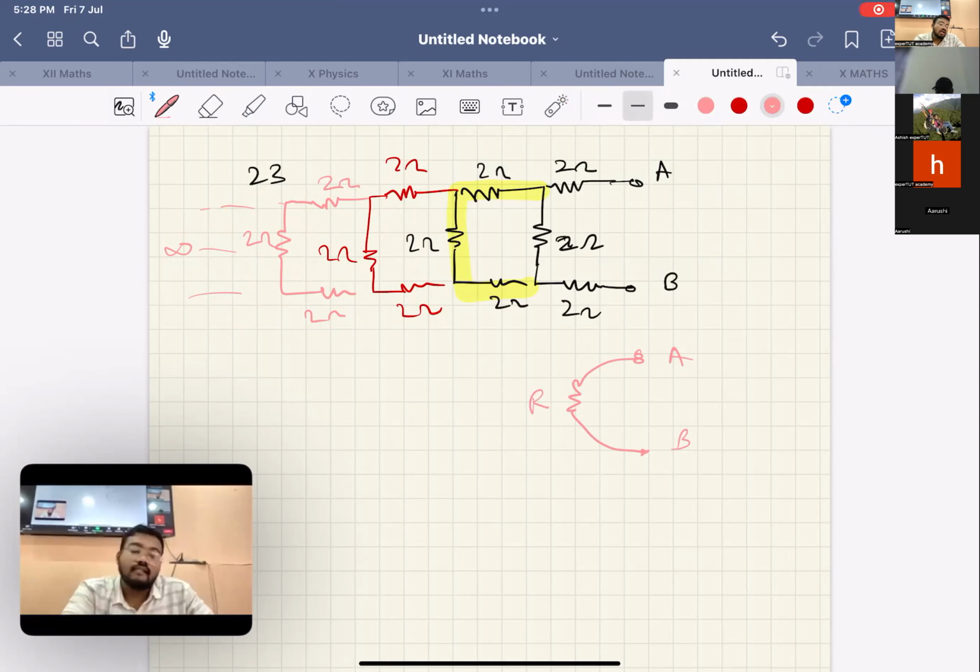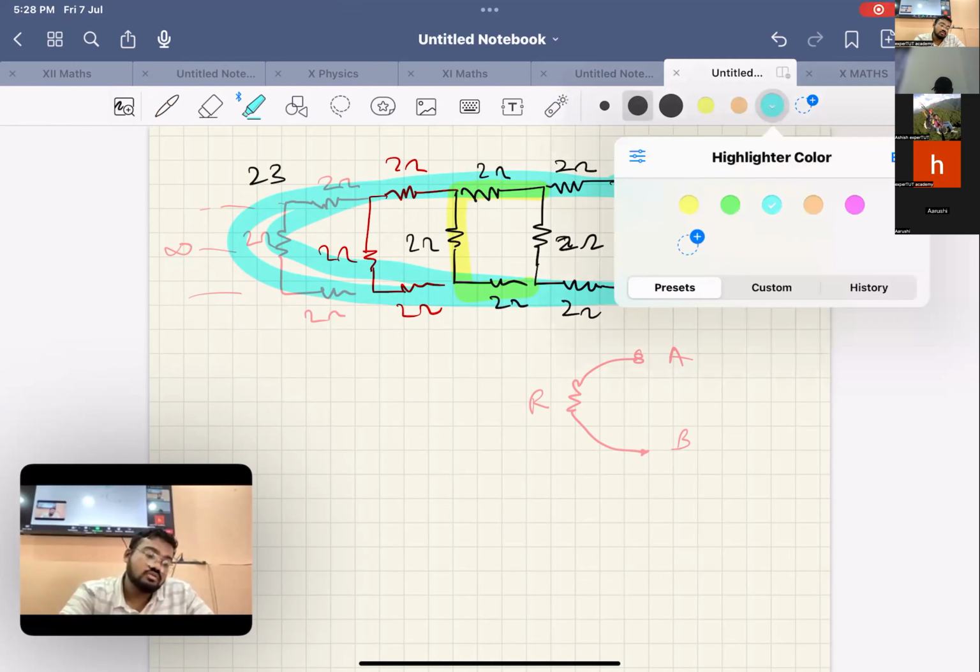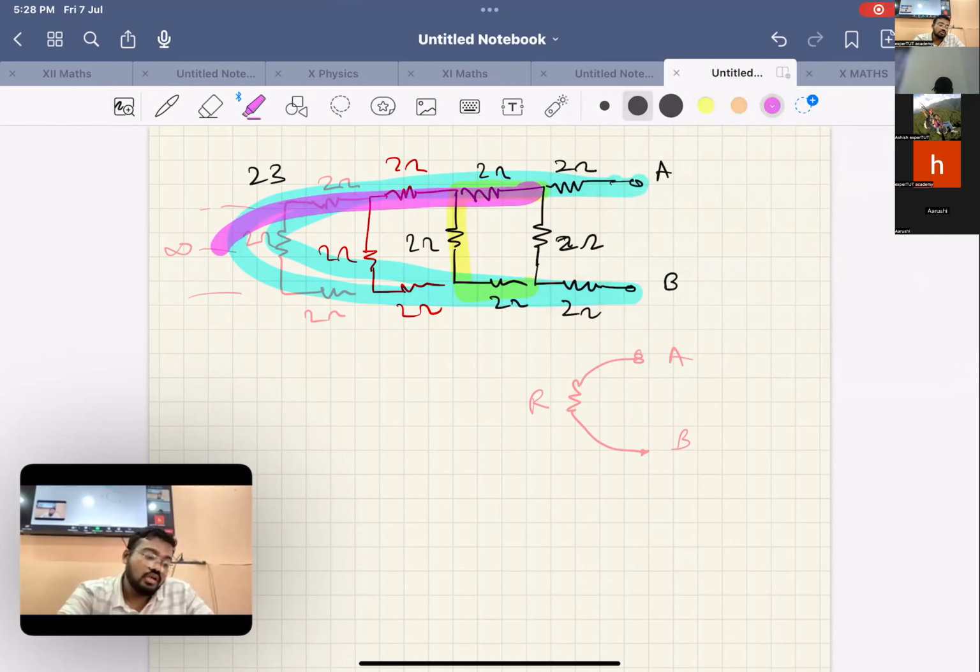Fine. Now the logic is, if this whole thing, the effective resistance across this AB is R, right? Then across this pink, it should also be R, right? Because addition of one more branch should not affect. If there are infinite branches, addition or removal of one branch should not affect the effective resistance.